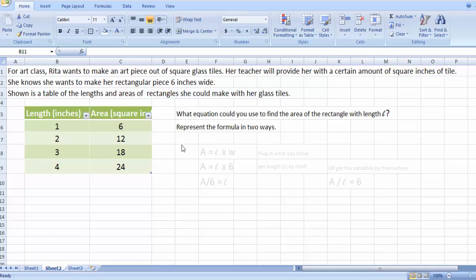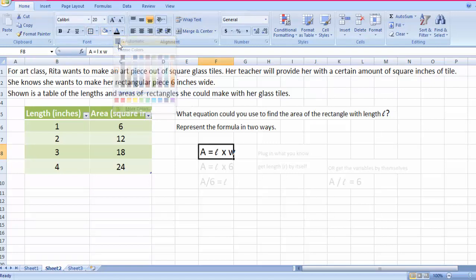Let's start with our formula that we found on the geoboard, which is A equals length times width. Now let's plug in what we know. We know that she wants her rectangular piece to be 6 inches wide. So let's fill in the width with 6.